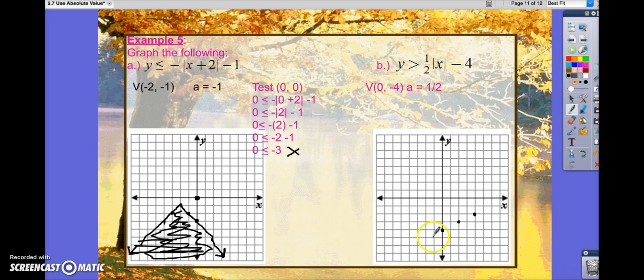Now it's greater than, so it's a dashed line here. Go all the way over. Do the opposite: up 1, left 2; up 1, left 2. Same thing.